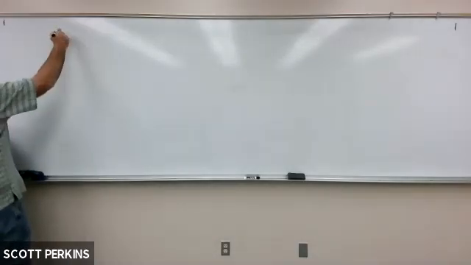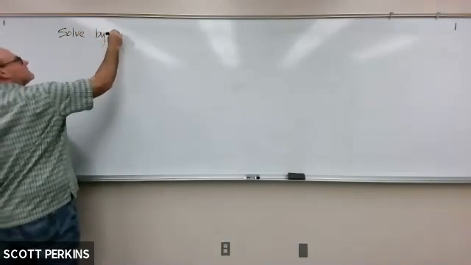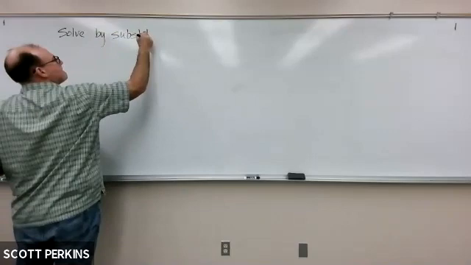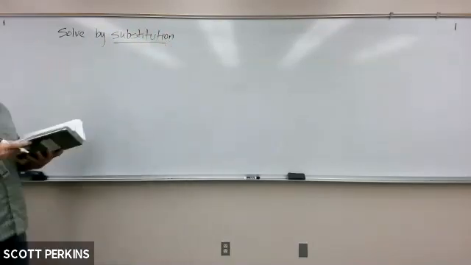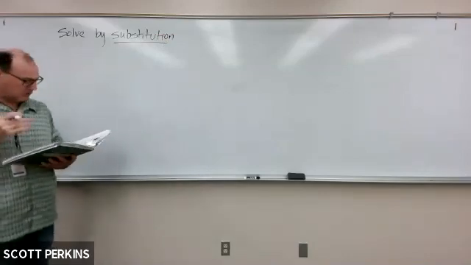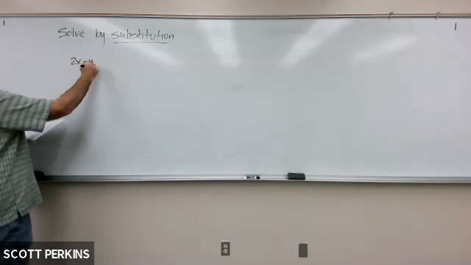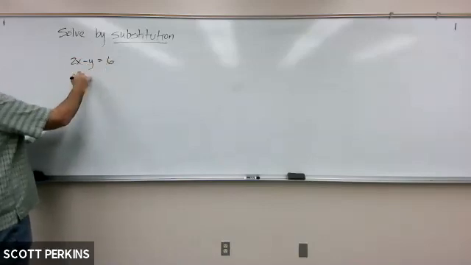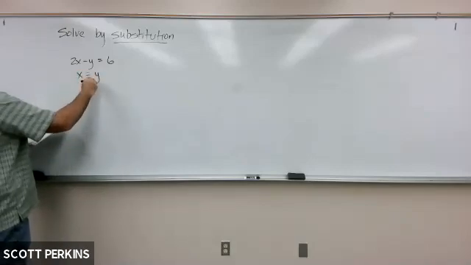So the first way we're going to do is we're going to solve a system by substitution. This is the first method. We're going to solve by substitution. So here is our example. 2x minus y is equal to 6, and x is equal to y plus 2.